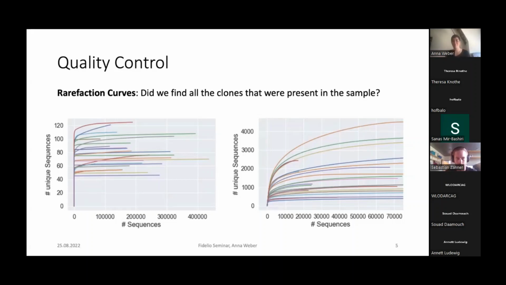Biology is messy, experiments are messy. It's not always going to be working out perfectly. But basically, if you do such an analysis and you see that none of your curves have really leveled out, that should worry you.